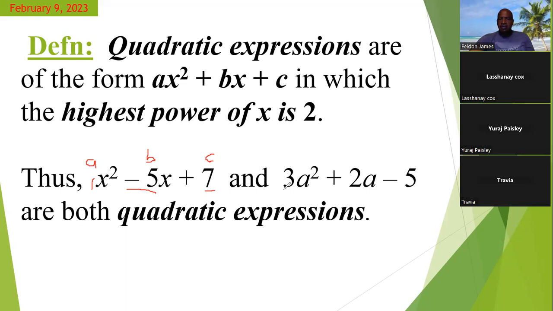So for this now, this is another specific form. What would be represented, the A in this form? What would be the number for A here? 3, sir. Right, and what would be the number for B?